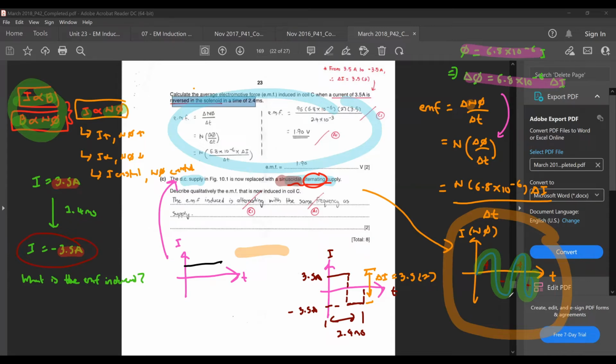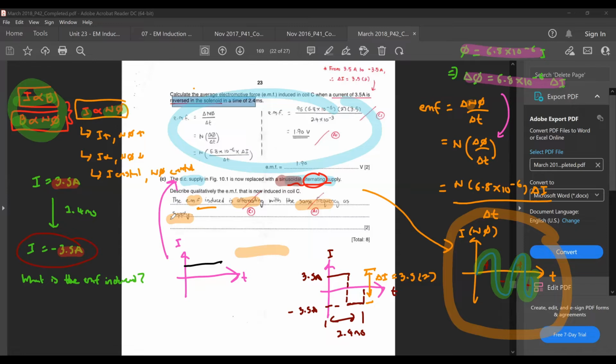You see the variation of flux linkage versus time is sinusoidal in nature. The EMF that is induced would also be alternating. The answer was just that the EMF induced is alternating with the same frequency as the supply.